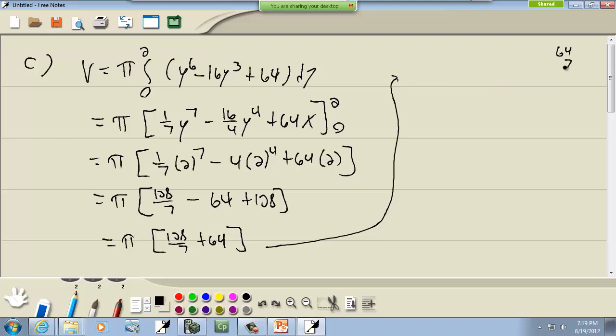Take 64 times 7, that's 448. 448 plus 128 gives 576 pi over 7, if I didn't make a math error. 64 times 7 is 448, plus 128, 576. That looks right. Okay.